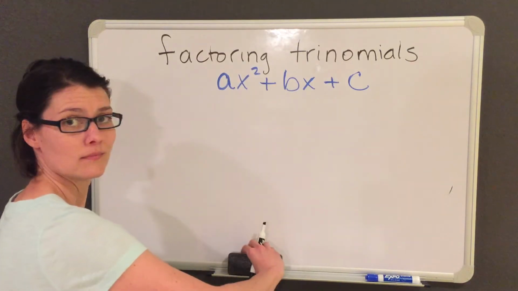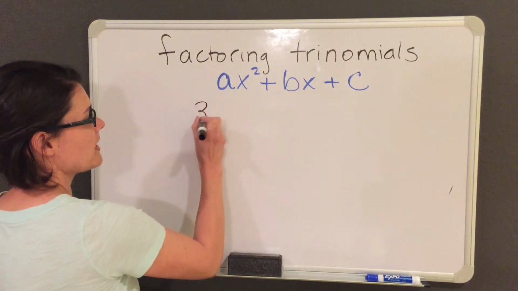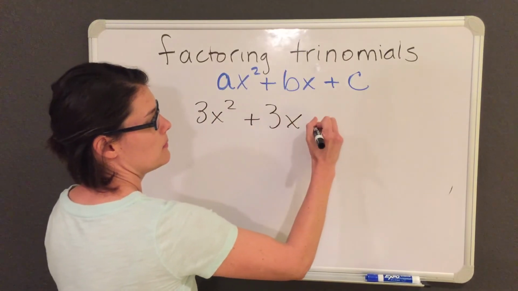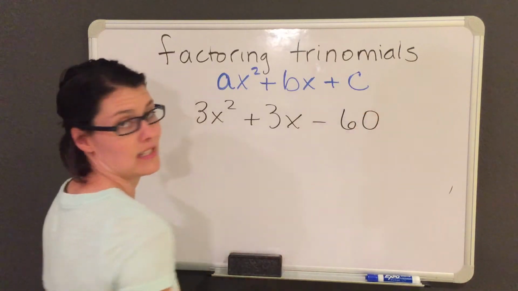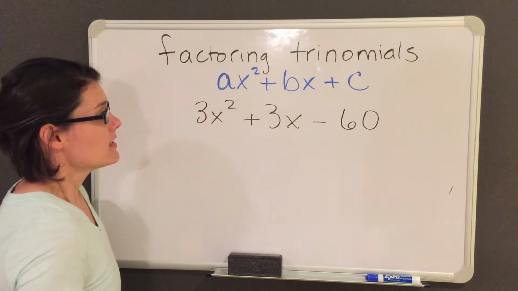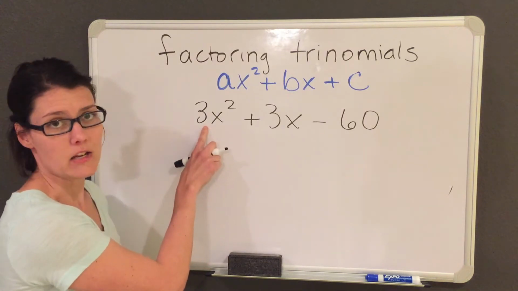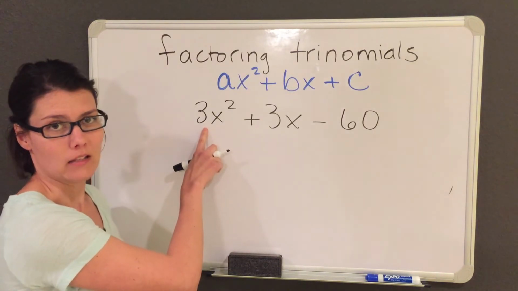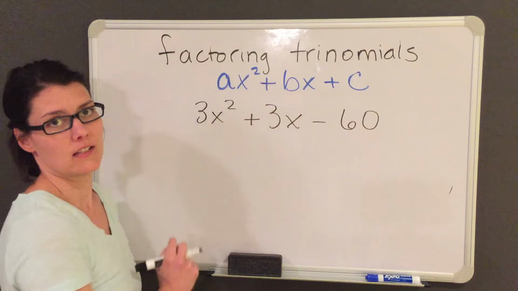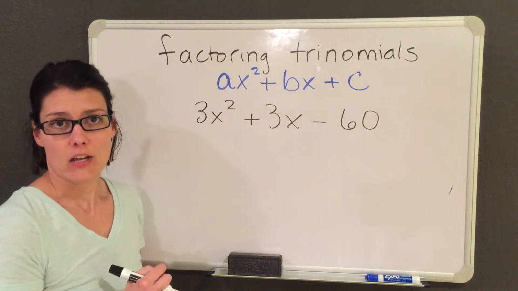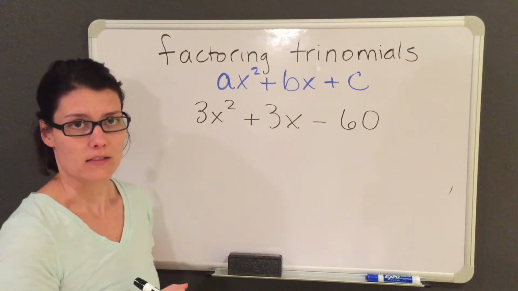Let's look at 3x squared plus 3x minus 60. Now, if you're looking at this trinomial, you might be thinking, our leading coefficient is not 1. So how does this fit into what we're doing today? Well, in another video I talk about the greatest common factor.